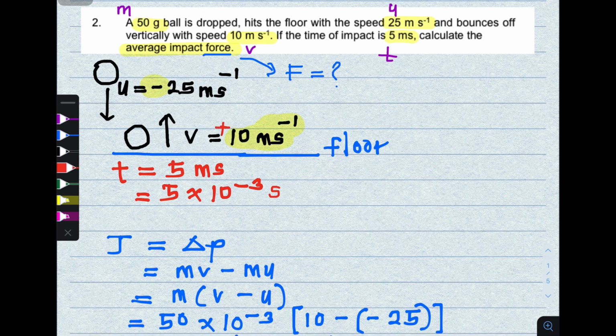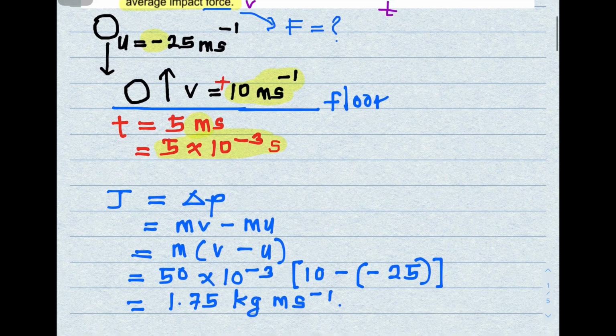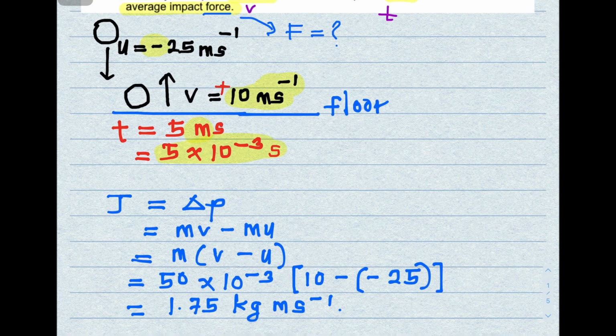So we have the time of impact T is 5 millisecond. You need to convert it to 5 times 10 power of negative 3 second because we know that milli is in the value of 10 power negative 3. So the first step, we are going to find out what is the impulse.